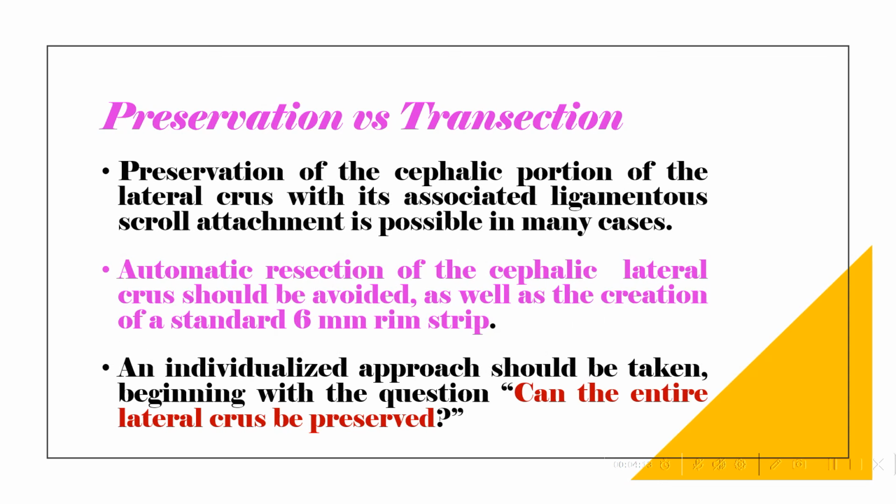Preservation of the cephalic portion of the lateral crus with its associated ligamentous scroll attachment is possible in many cases. Automatic resection of the cephalic lateral crus should be avoided, as well as the creation of a standard 6 mm rim strip. An individualized approach should be taken, beginning with the question: can the entire lateral crus be preserved?